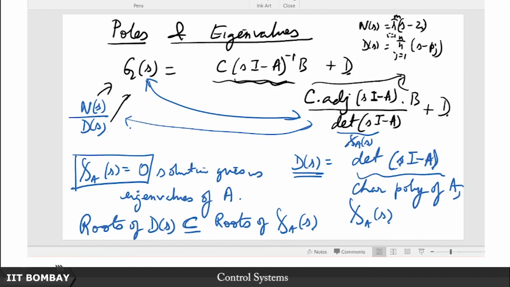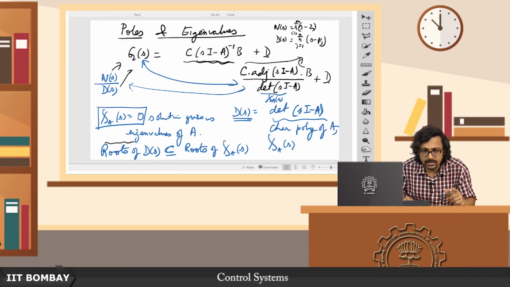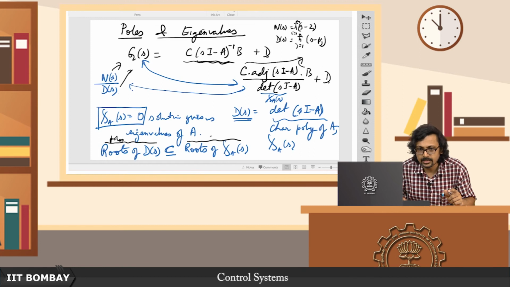So if C and B together conspire in some way with this adjugate of sI minus A to have pole-zero cancellation, then sometimes not all eigenvalues of A, which are basically the roots of the characteristic polynomial, show up as poles. So these are basically the poles and these are basically the eigenvalues.